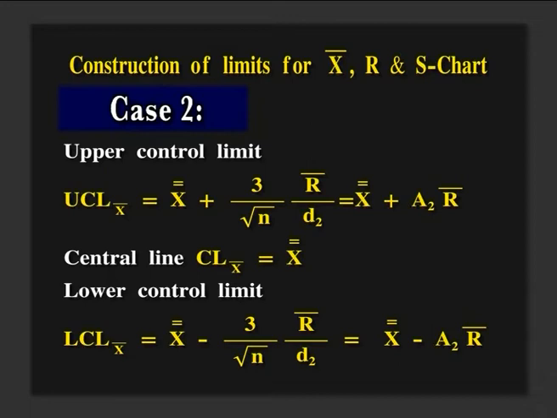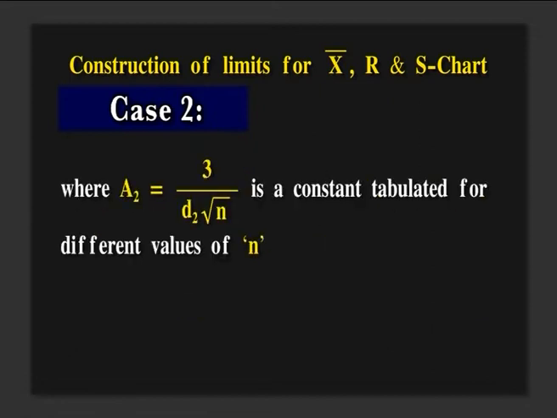The central line is x double bar, the lower control limit is x double bar minus 3 by root n R bar by d2. So, that is equal to x double bar minus A2 R bar, where the constant A2 is defined as 3 divided by d2 root n. It is available in the table for different values of n.